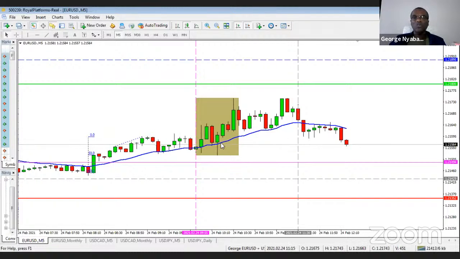Sometimes you have different patterns, which we talk about, where the market in the earlier session has come back, given you a nice 20 pip move, and out of that you can start to take a trade.